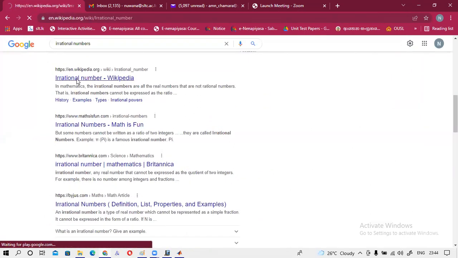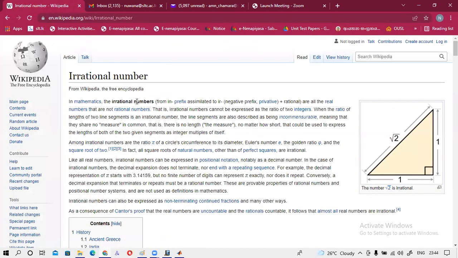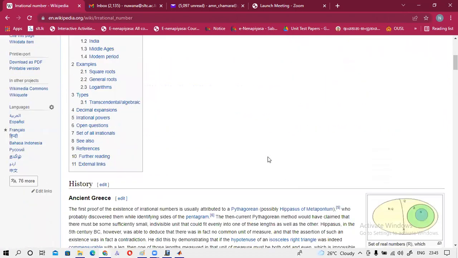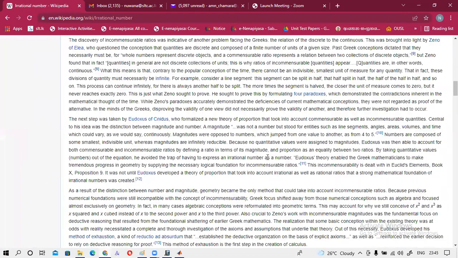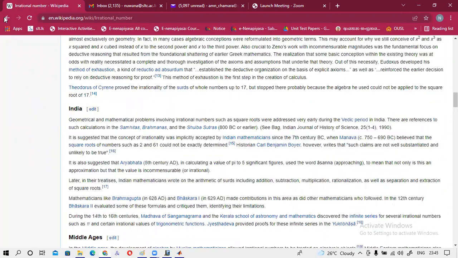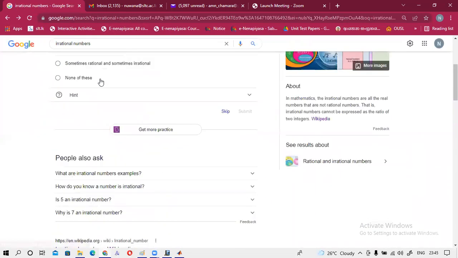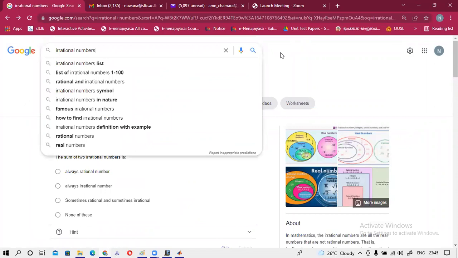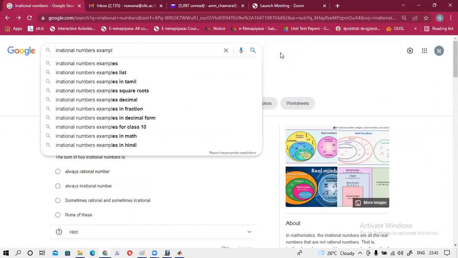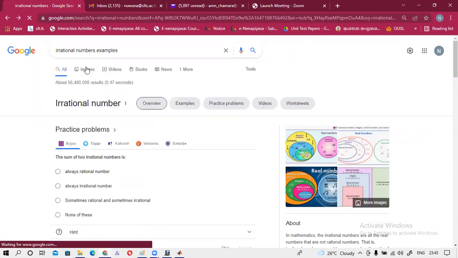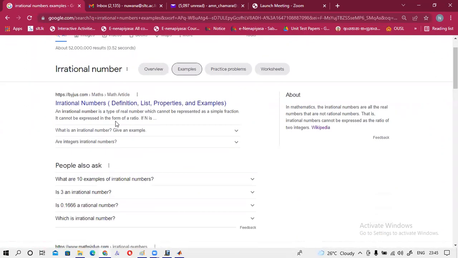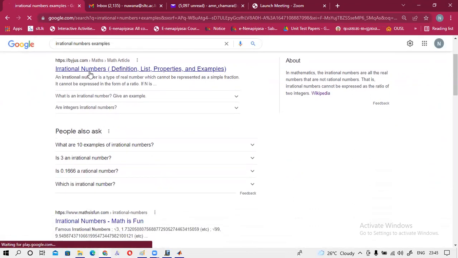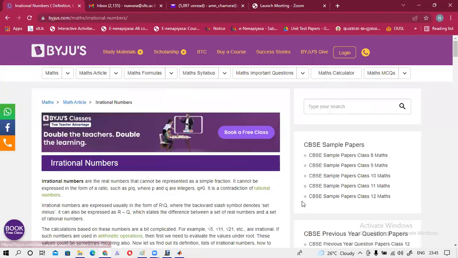You can read the description here. If you look at irrational number examples, I think it is easier to understand. Let's see.